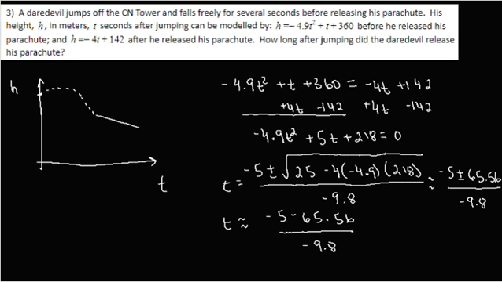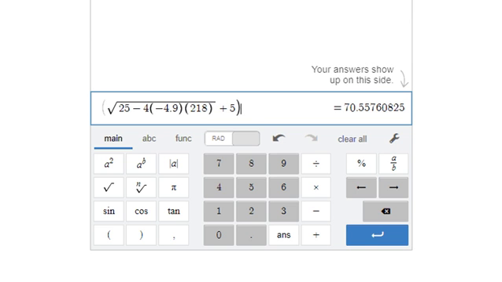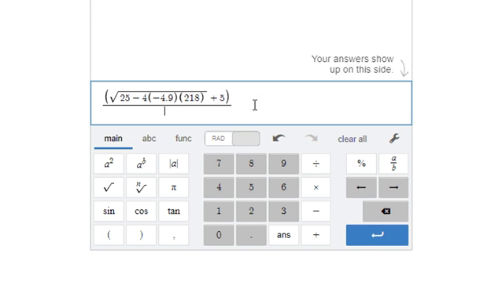Because we have all negatives here, we can keep that number and say just 5 plus 65.56 divided by a positive 9.8, and we get approximately 7.2 seconds.